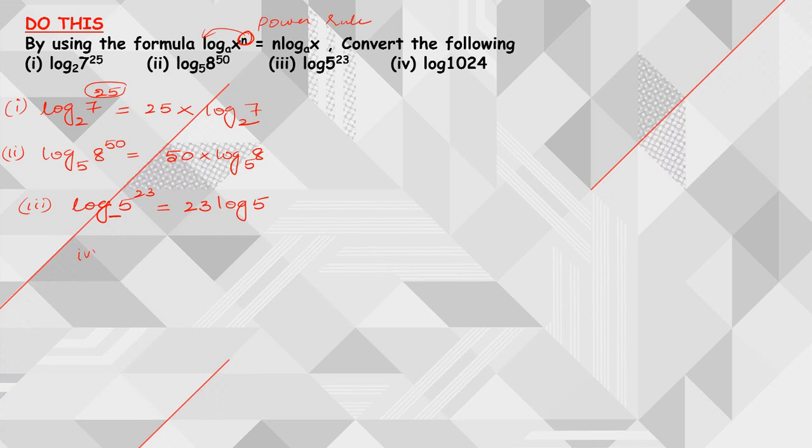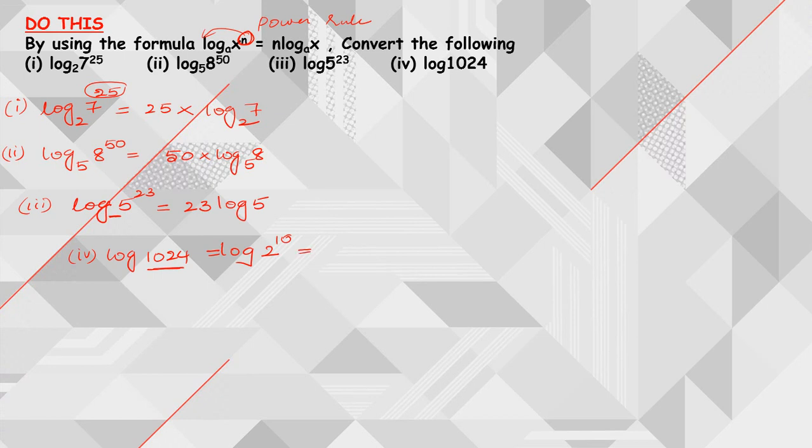Next, question number 4: log of 1024. If you observe, we don't have any power here, but if you look carefully, 1024 is nothing but 2 raised to the power of 10.